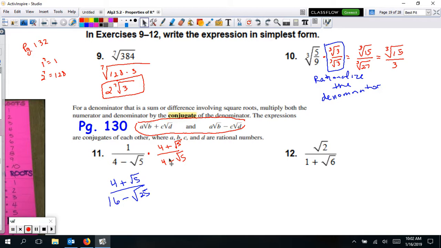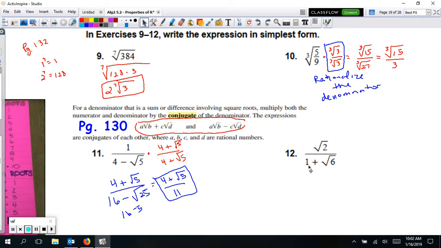So that's the sum and difference pattern where we just multiply the F and the L from FOIL. And now as we simplify, 16 minus the square root of 25 will actually be 16 minus 5. So we can realize that. That's going to become an 11 at the bottom of our fraction now, and there's our answer: 4 plus square root of 5 over 11.